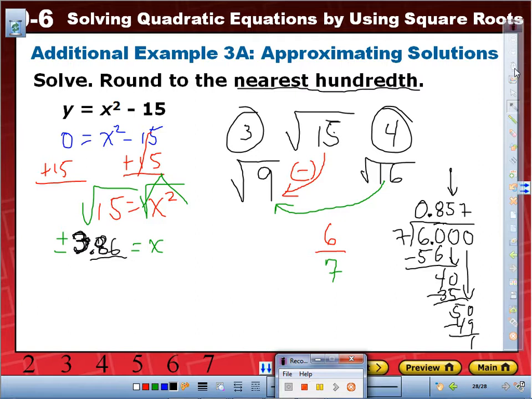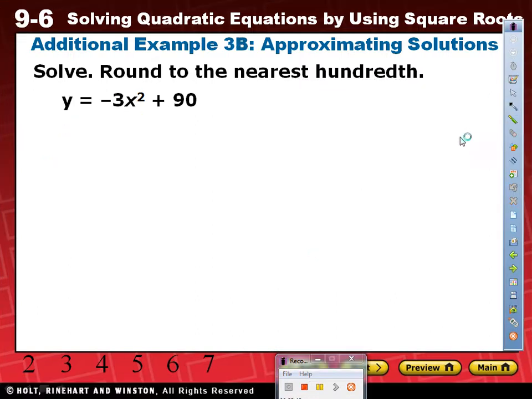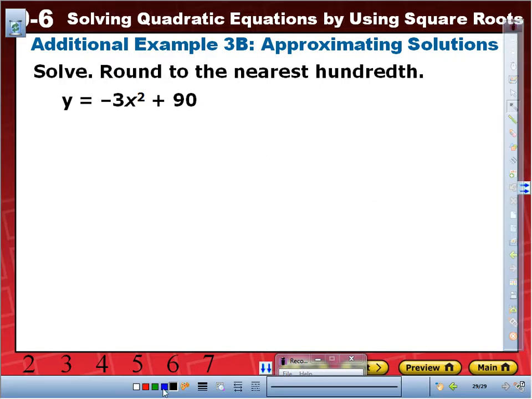Here we go. Example number 3B. Copy this one. Y equals negative 3x squared plus 90. Let's do this one together. First step, change y to 0. We're left with negative 3x squared plus 90. From there, inverse operation, subtract 90, subtract 90.